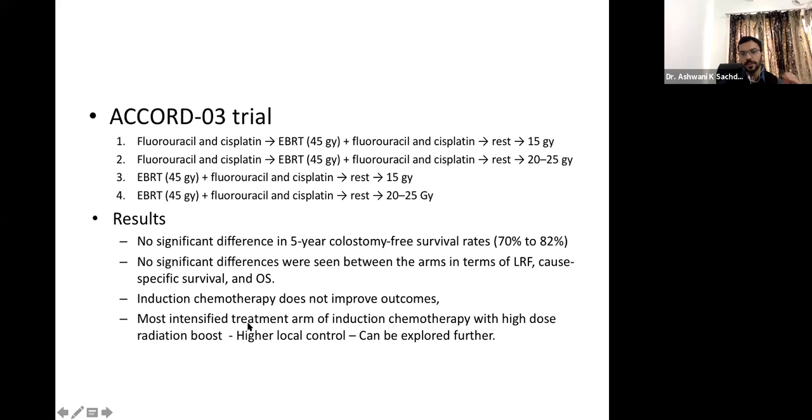In the most intensified regimen, 5-FU cisplatin neoadjuvant chemotherapy followed by chemoradiation followed by high-dose boost, they found slightly better local control, and it was hypothesis generating that it can be explored further. But overall, the conclusion was that neoadjuvant chemotherapy doesn't help, and there was no use of giving a boost either.